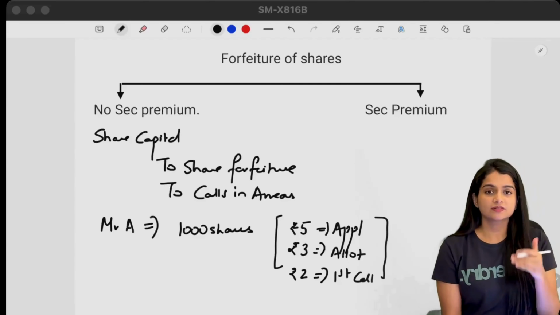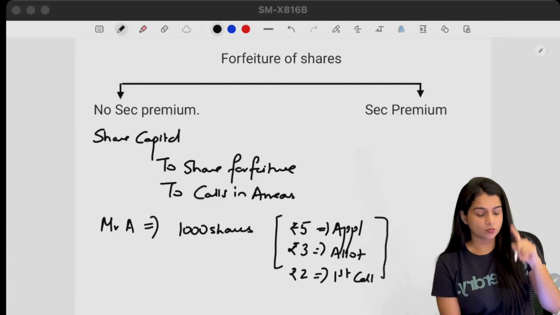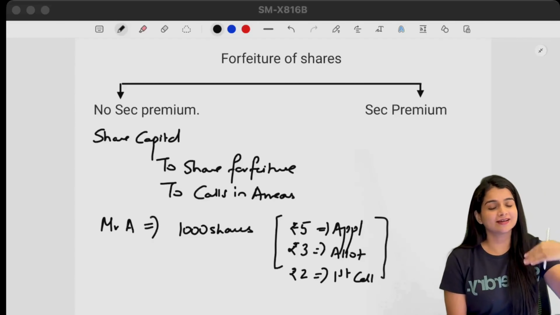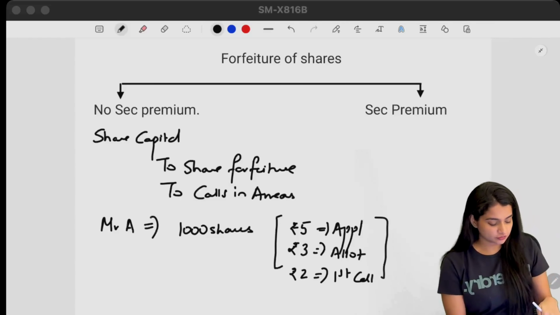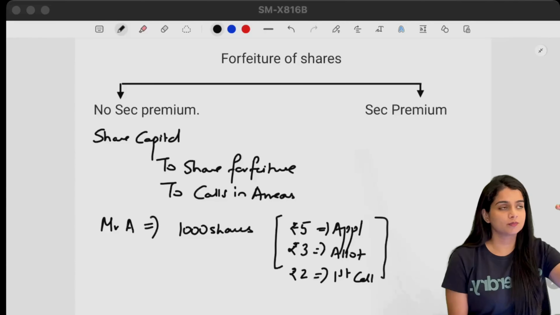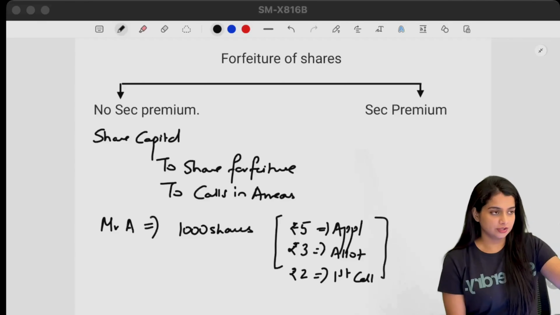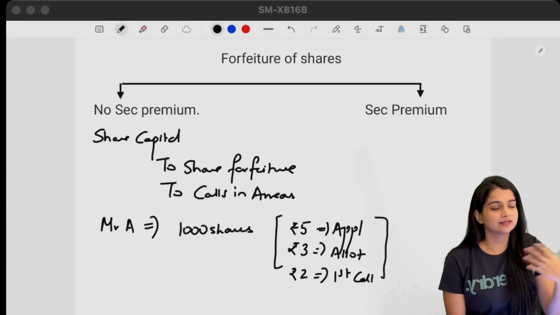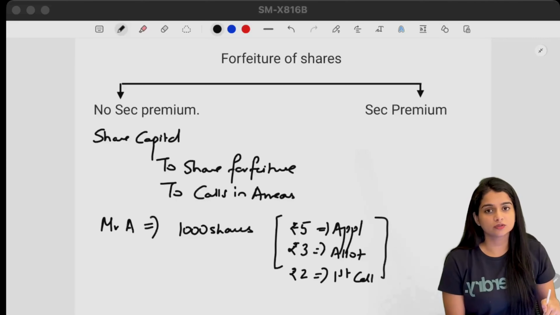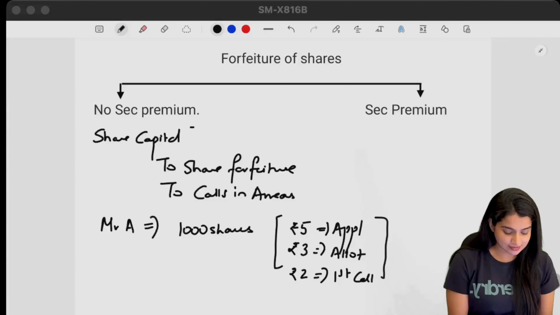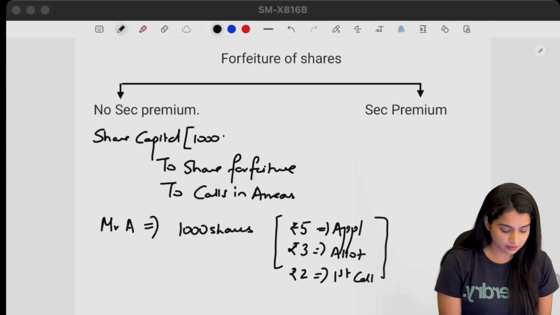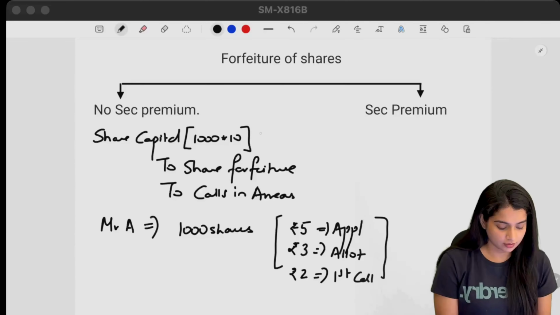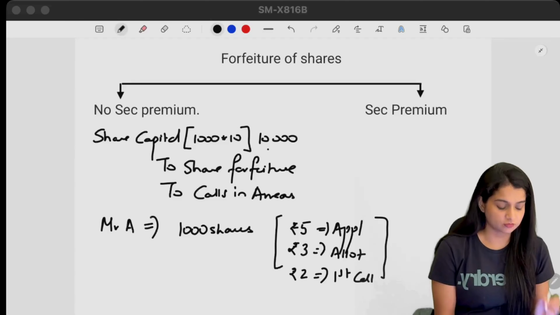Now, firstly, understand what comes in share capital: the entire value of the shares. What is the value of the shares? Check the question. Has the company asked for 5, 3 and 2? Yes, then in that case the value of the shares as of now is 10 rupees. So you're cancelling out 1000 into 10, which is 10,000.